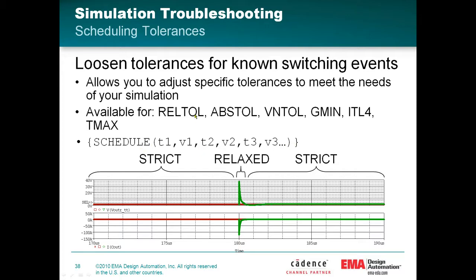Set a scheduled parameter in any of these tolerance values, and that gives the ability to zip through an uninteresting part of a simulation, focus more slowly with finer granularity on an area you're really interested in, and then zip back out to the end of the simulation. You can do all kinds of scheduling to get a more efficient run.